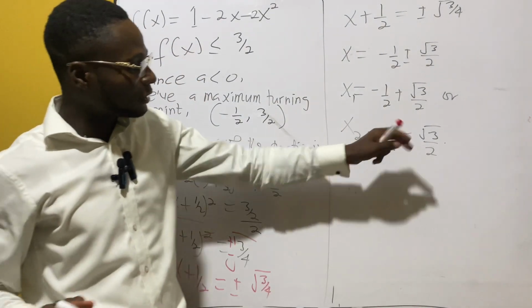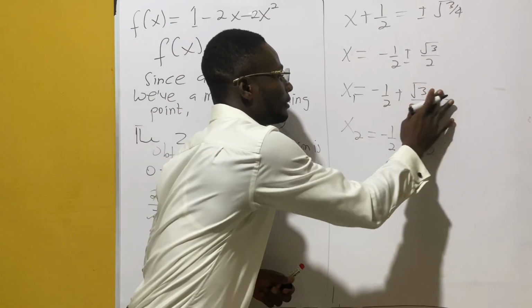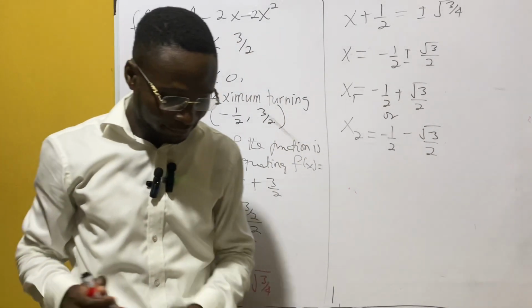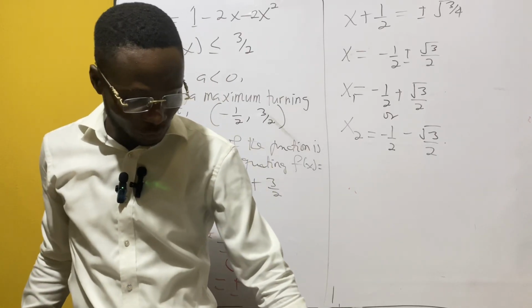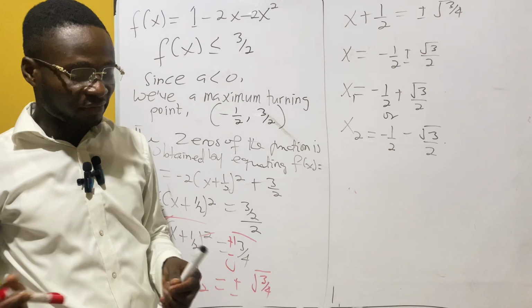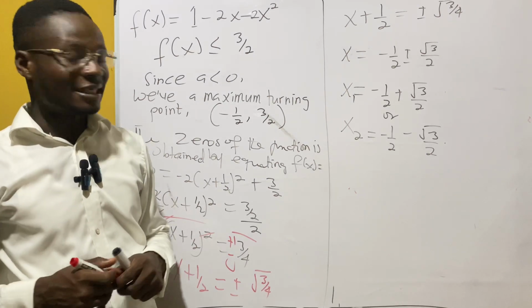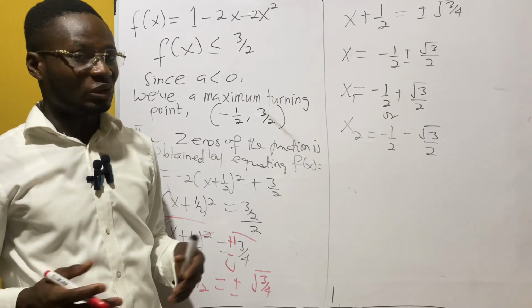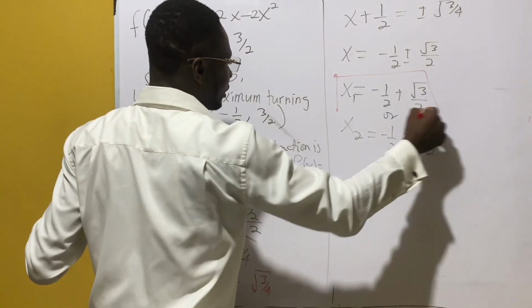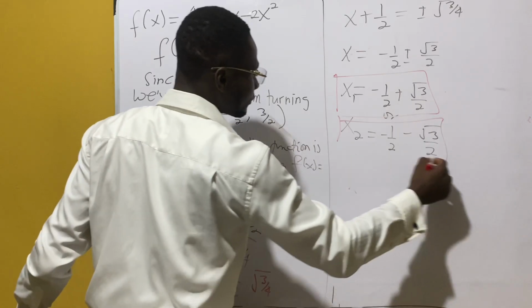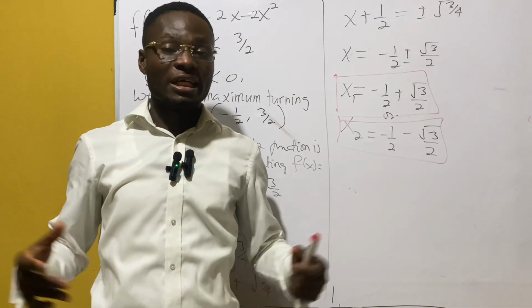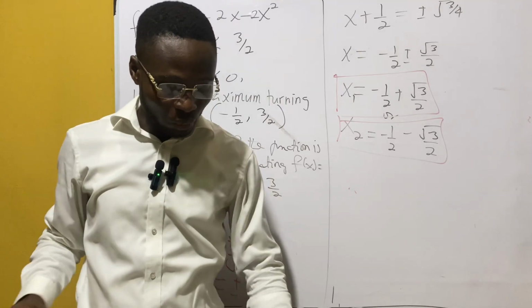And this, of course, can be simplified, whether it's going to be decimals or what. You can leave it this way anyway. So these are the zeros or the roots of the equation.